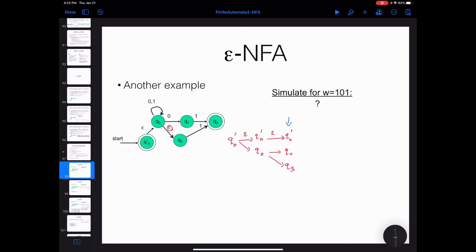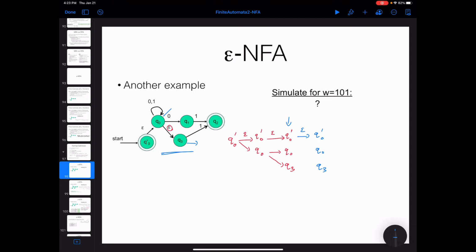If I keep applying the epsilon transitions, I'm not going to get anything more. I will actually just get Q0 prime, Q0, and Q3. The reason is that if you look at the transition diagram here, we are not going to have another epsilon transition over Q0 or over here.